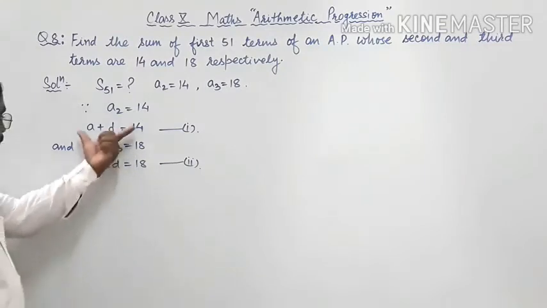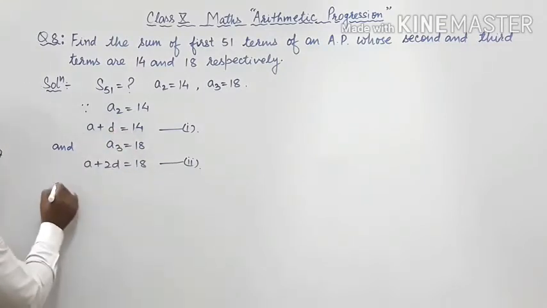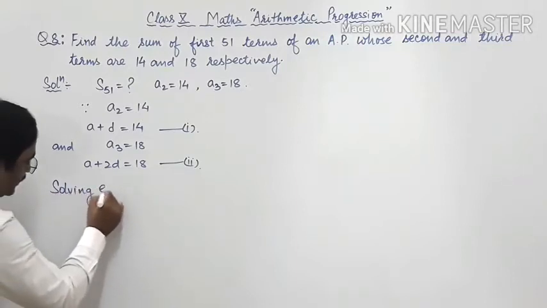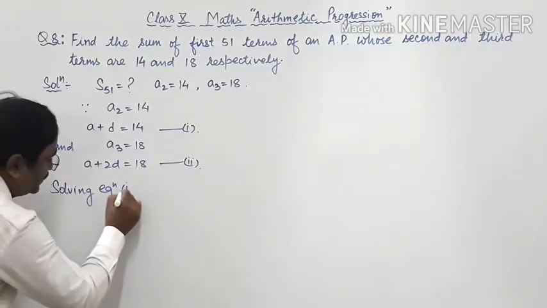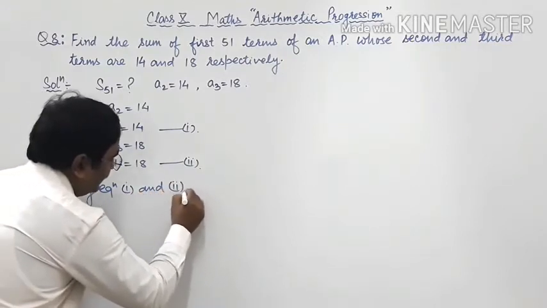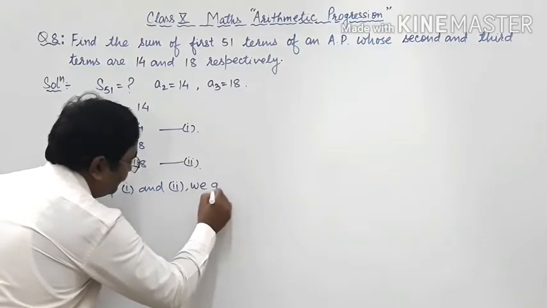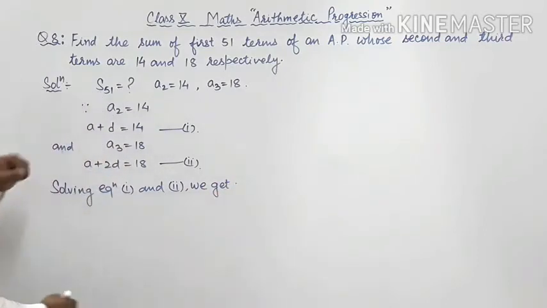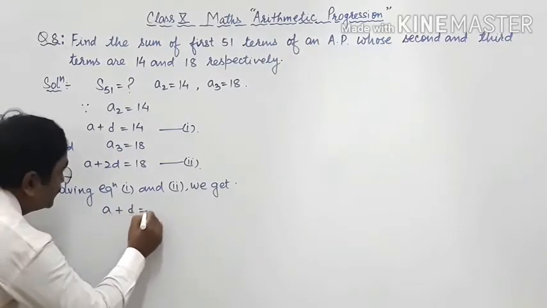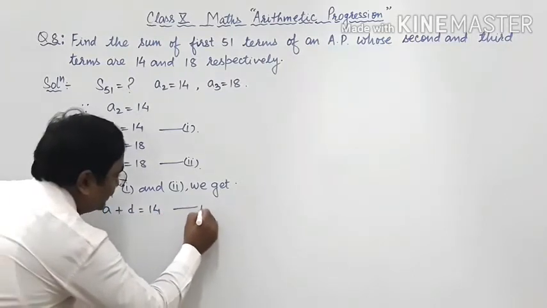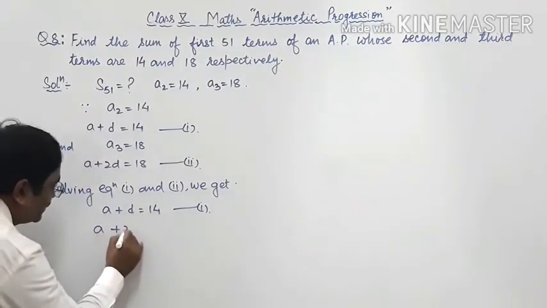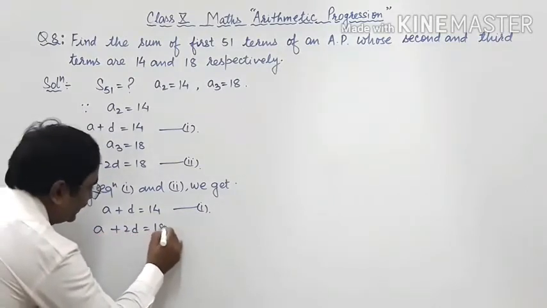So let us solve these two equations. Equation first is A plus D is equal to 14, and equation second is A plus 2D is equal to 18.